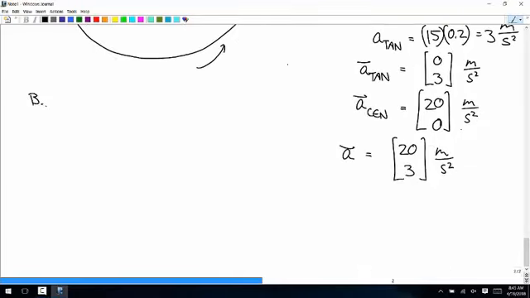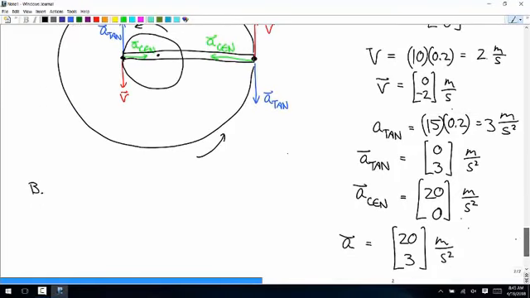So now for the point B, the speed is the angular velocity of 10 times the radius of 0.6. So that's 6 meters per second. And this time it's in the positive y direction.